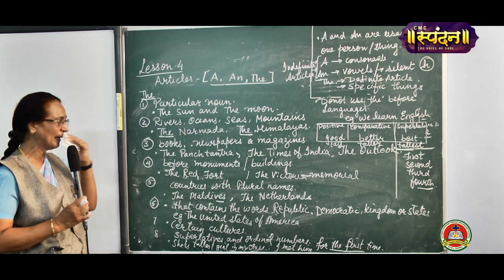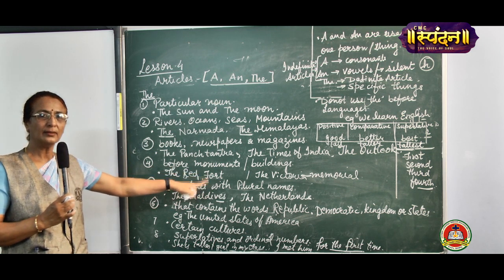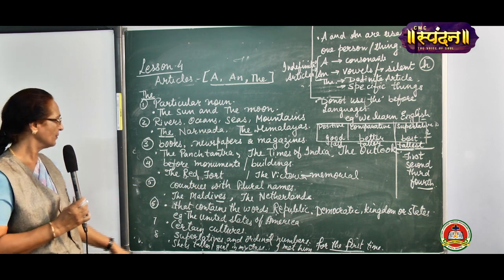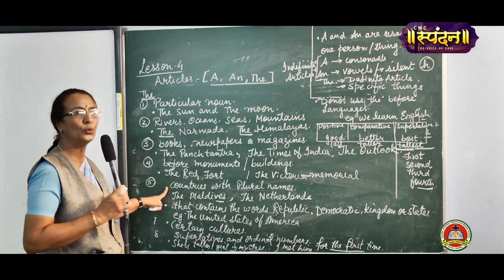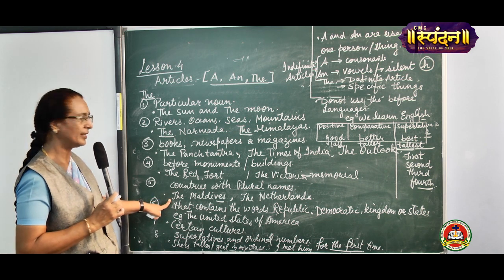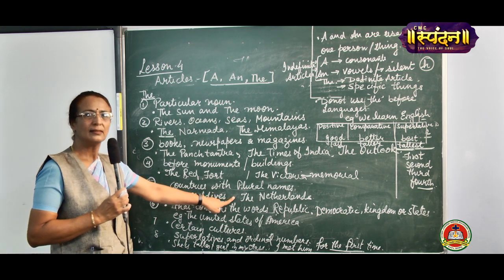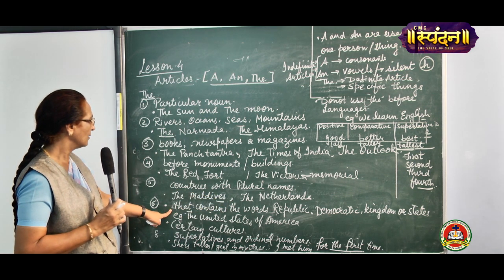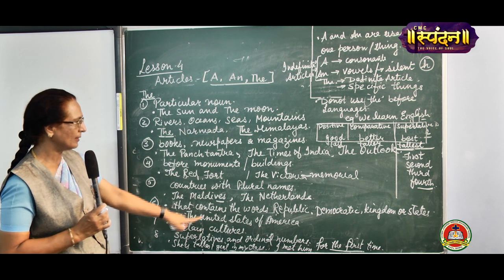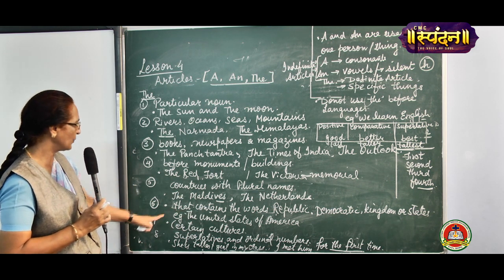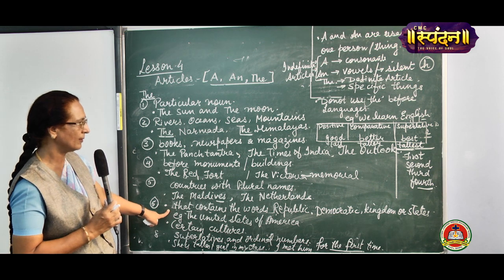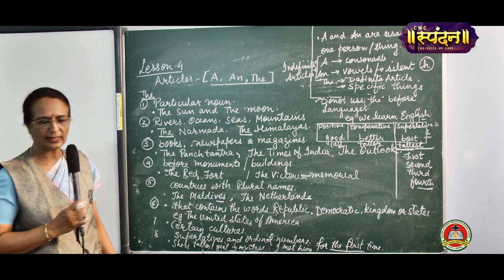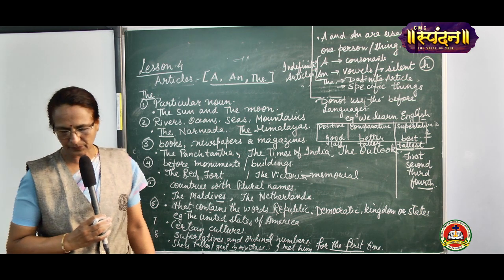The Red Fort, the Victoria Memorial, the Taj Mahal, the India Gate, countries with plural names, the Maldives, the Netherlands, the Philippines. The is also used before countries that contain the word republic, democratic, kingdom or states, like the United States of America.